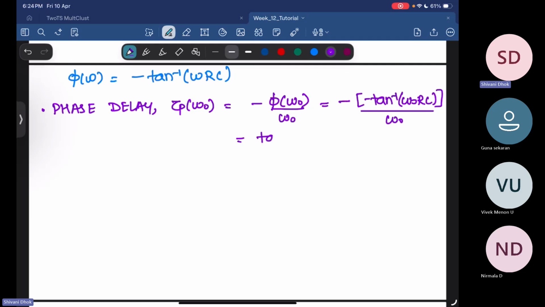So this is nothing but tan inverse of omega naught RC divided by omega naught. Next we can find out the group delay.